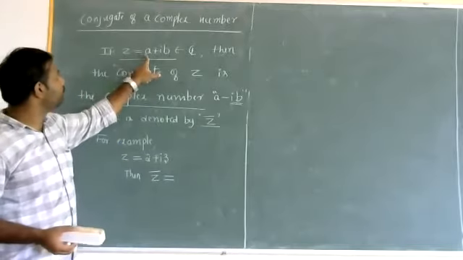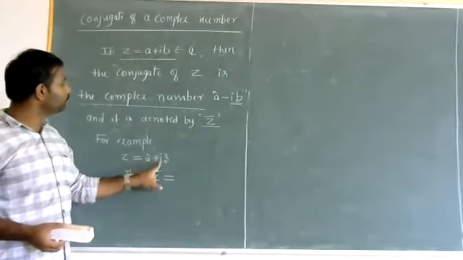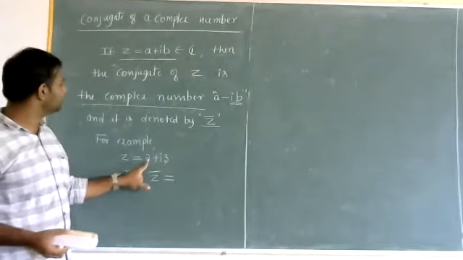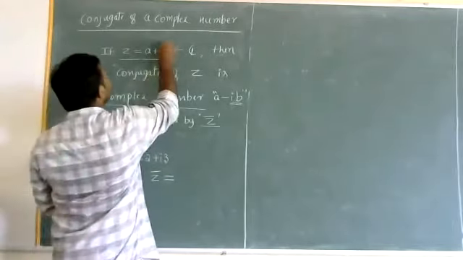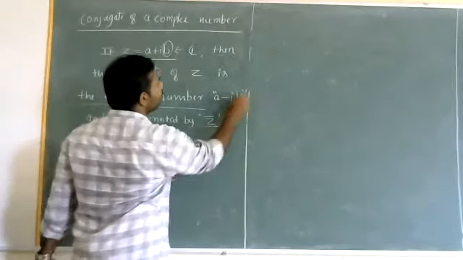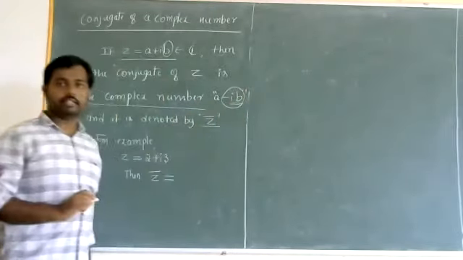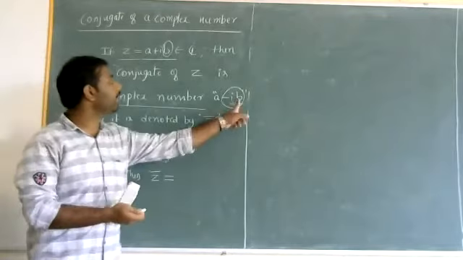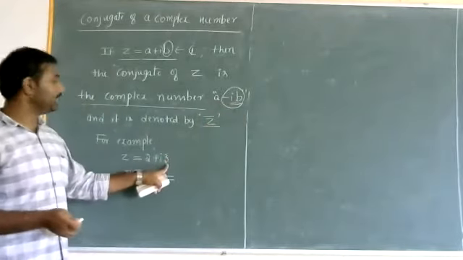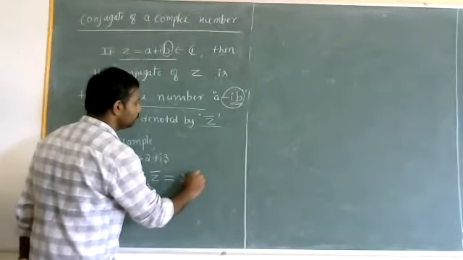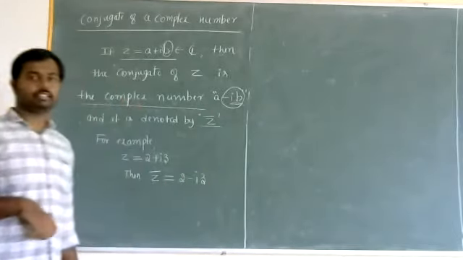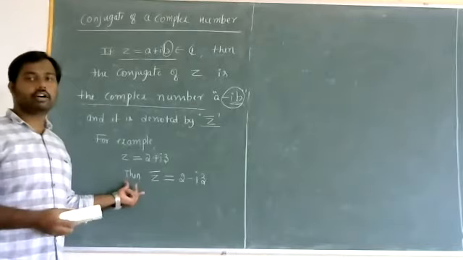In place of a plus ib we have 2 plus i3, that is, a is 2, b is 3. So we just have to replace b by minus b. Here b is 3, so we replace 3 by minus 3. So it is 2 minus i3. So this is about conjugate.